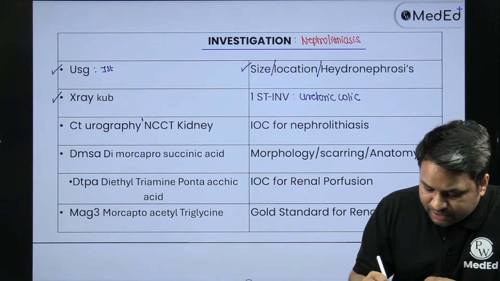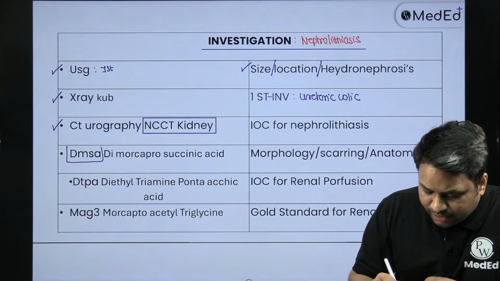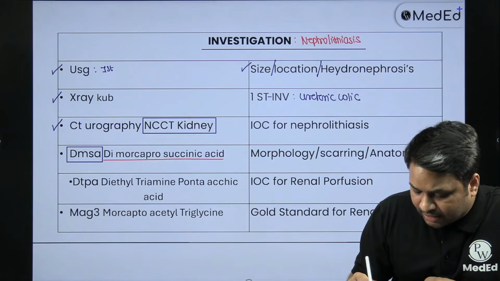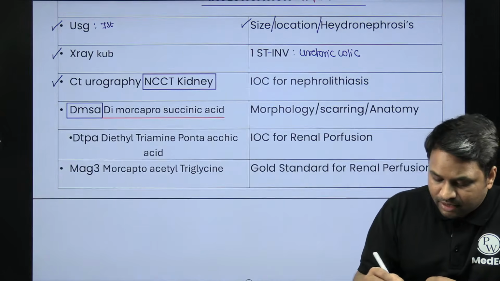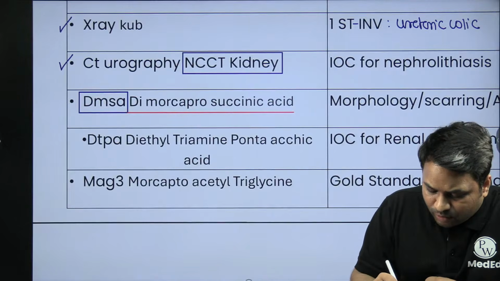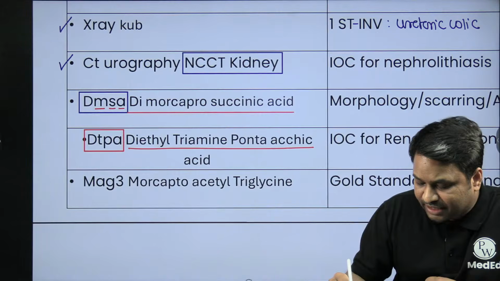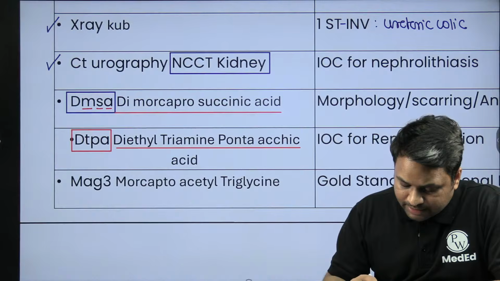CT urography, which is the non-contrast CT of the kidney, is the investigation of choice for nephrolithiasis. The DMSA scan, a radionuclide scan with dimercaptosuccinic acid, is done to evaluate morphology, scarring, and anatomy. Easy to remember: DMSA, morphology, scarring, and anatomy. Then you have the DTPA scan, diethylenetriamine pentaacetic acid, which is the investigation of choice.